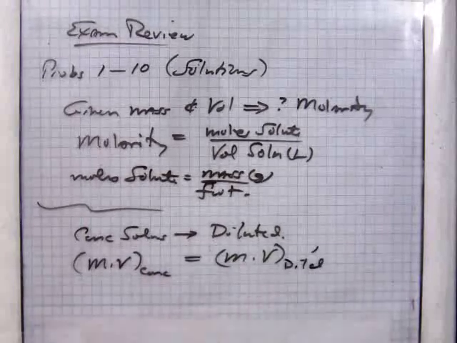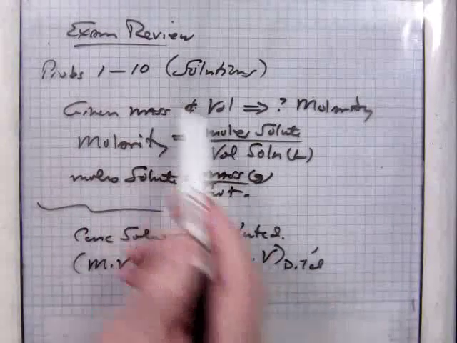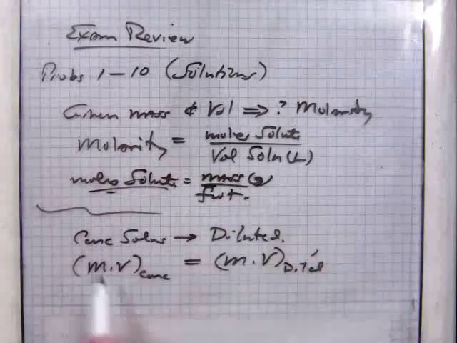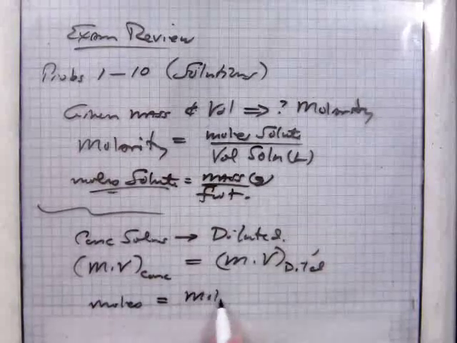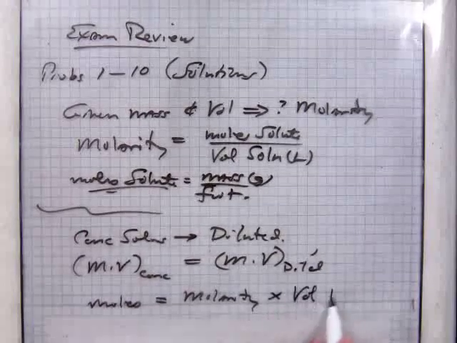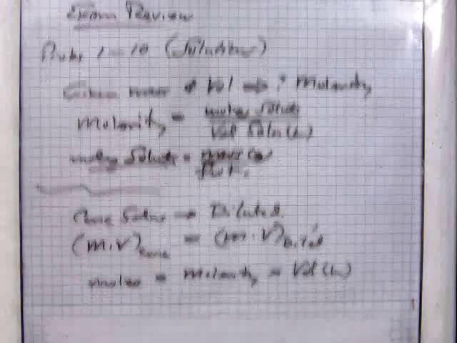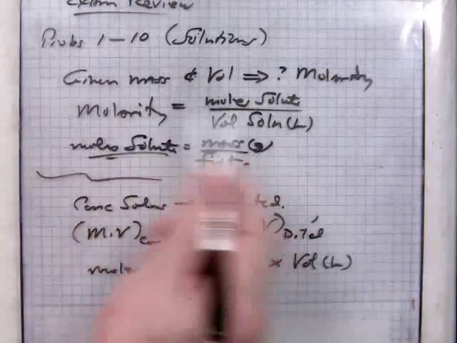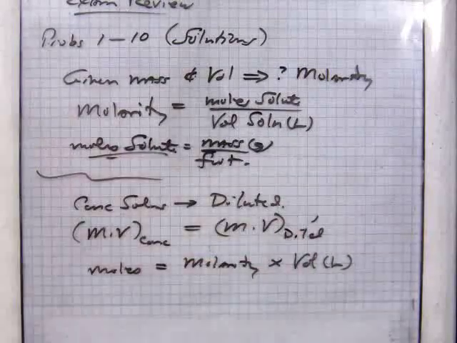But keep in mind, the idea of molarity times volume is the conversion for moles, expressed in liters. And it comes out of the definition of molarity. Moles equals molarity times volume of solute in liters. I'm just going to scoot through this.